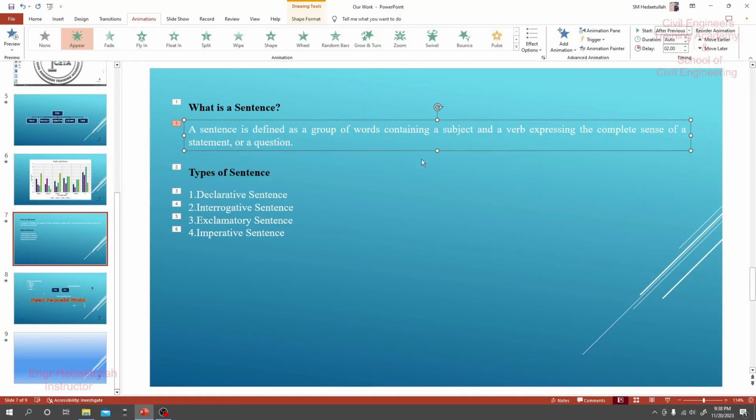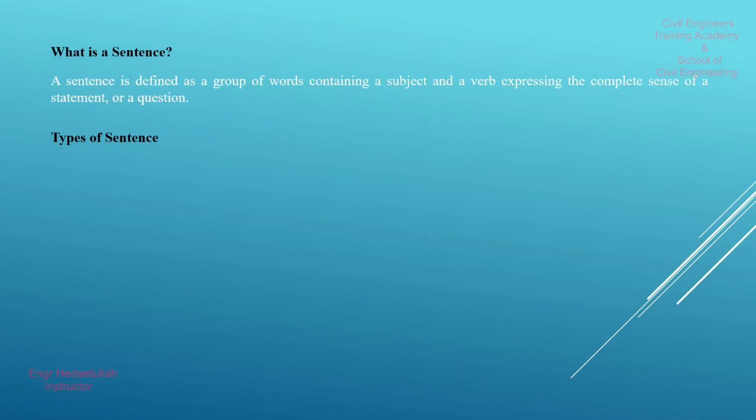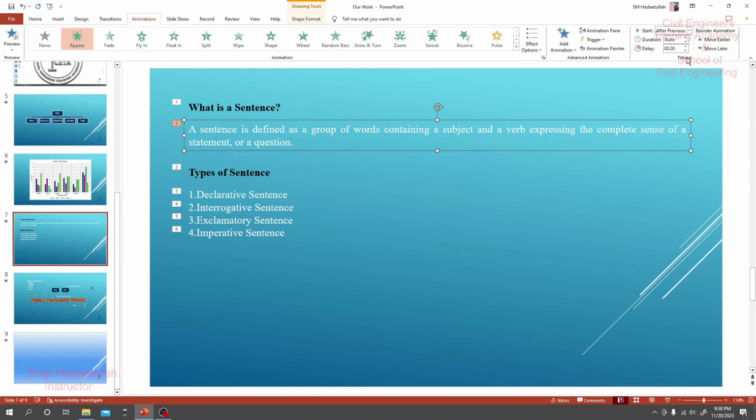And if you click here again, we can move it later, to choose after which sentence we want to show it. Now if I go to Move Later, just see it's moving to 2; I mean, after 2 it will show. Just see, we go here, then enter, and see, after the types of sentences it's coming. So this is the way to use the timing option.